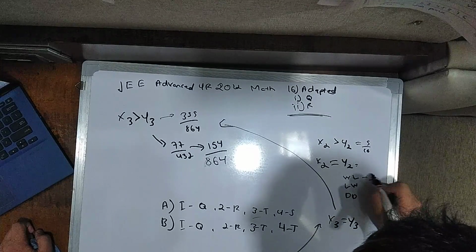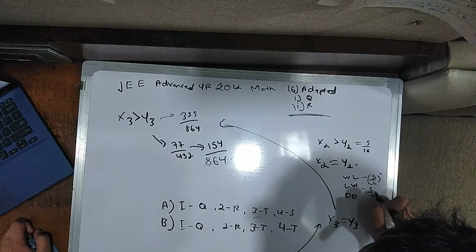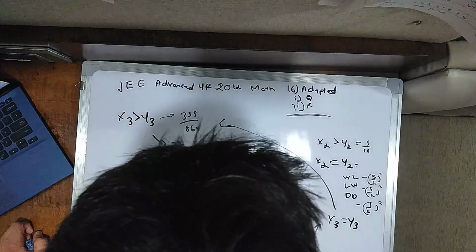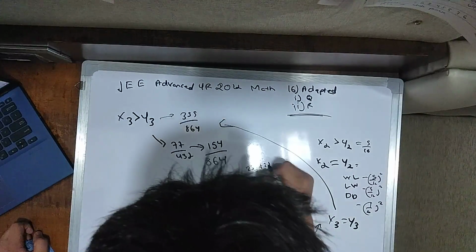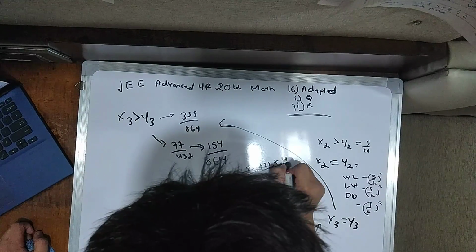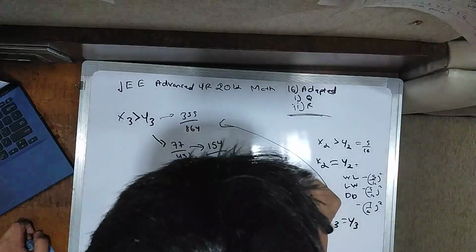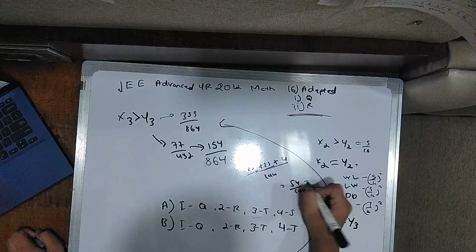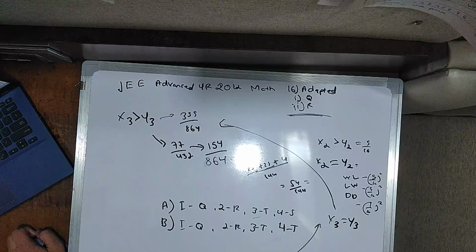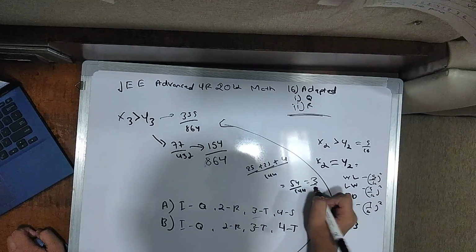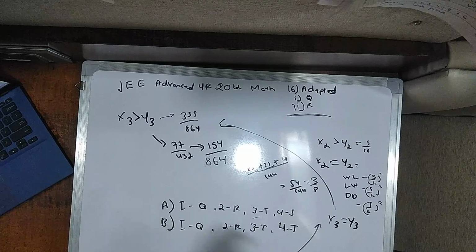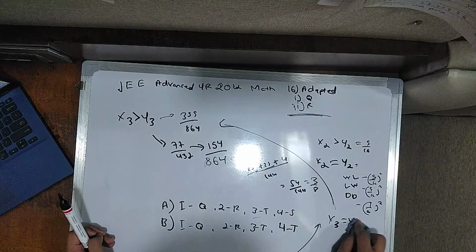This is 5 by 12 the whole square, this is 5 by 12 the whole square, and this is 1 by 6 the whole square. 25 plus 25 plus 4 upon 144, sorry about that, 54 by 144 equal to, what is 54 by 144? I think it's 3 by 8. This is 3 by 8. Oh, I was actually correct. It is 6 by 16. My bad. What's wrong with me? I'm dumb.